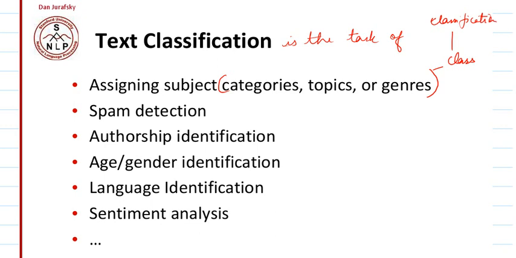So it is the task of assigning a category, a topic, a genre, a sentiment, or any kind of class to a given document or piece of text. That piece of text may be a tweet, it may be a complete document, it may be a complete news article.